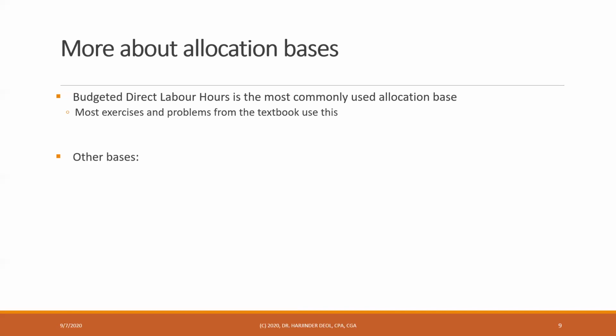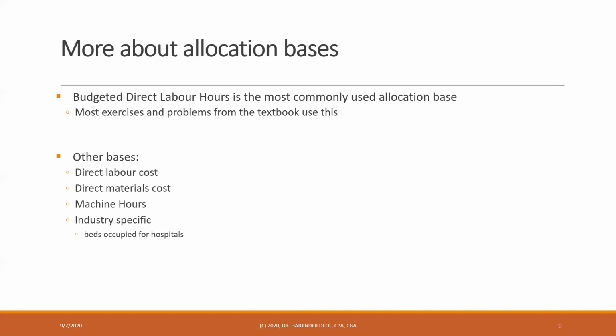But other bases may be used as well, such as direct labor cost dollars rather than labor hours, direct materials cost, machine hours, or sometimes there are industry-specific allocation bases, such as for a hospital, it could be the number of beds. For airlines, it could be the number of flight hours.